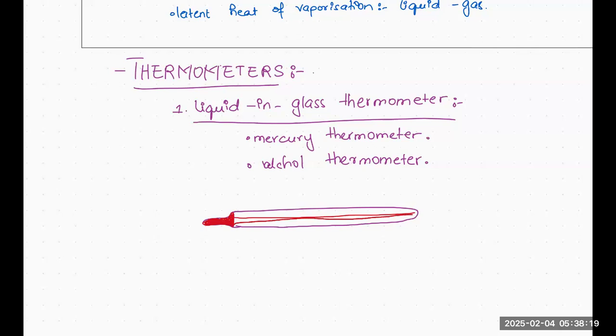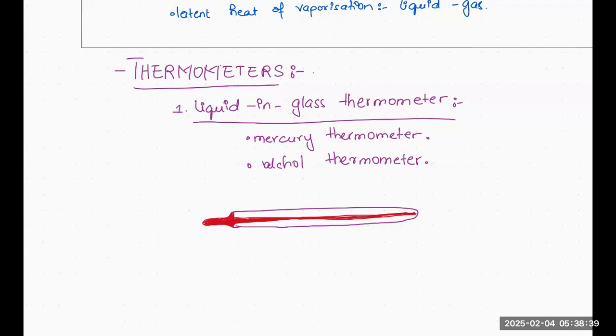Now, like I was telling you, we can have different types of thermometers: mercury thermometers, alcohol thermometers, and you can also have water if you want. The principle will be the same.